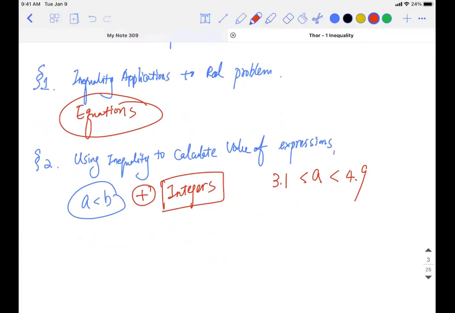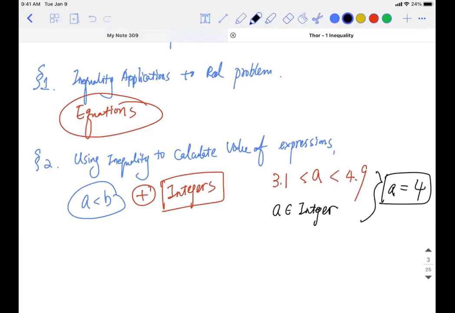Of course, you won't be able to determine the value of A. However, as long as I give you extra information, that A is an integer, of course, within the range, A can only equal 4, right? There's no way around it. There's only one integer within this range. So that being said, in many math competition problems, the question might give you an inequality.